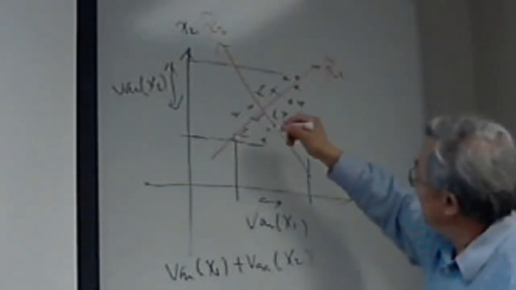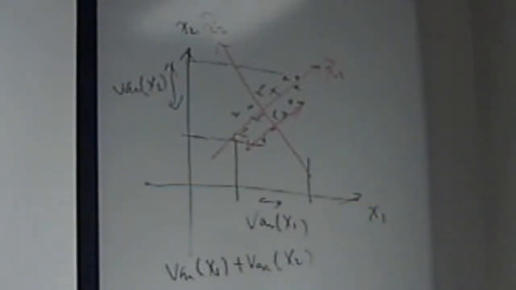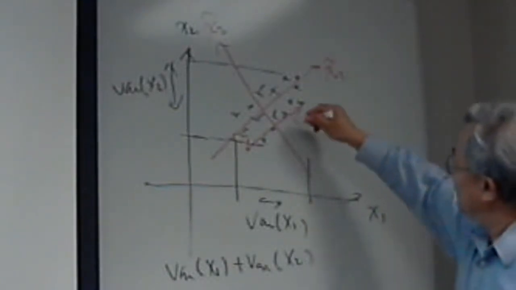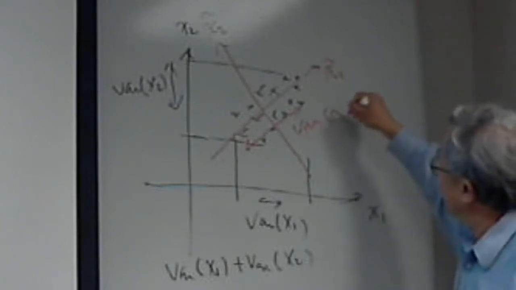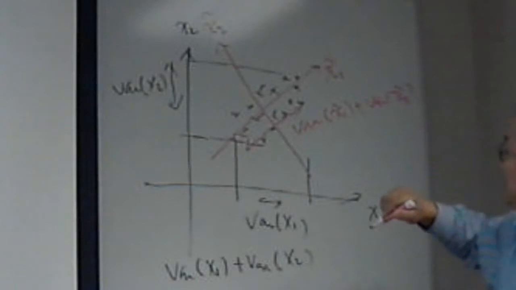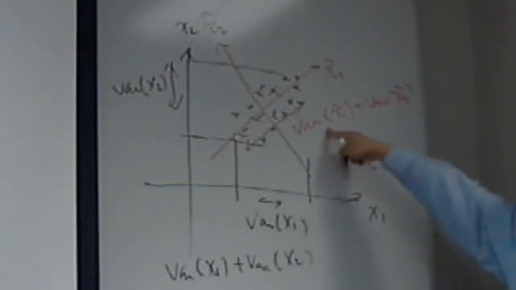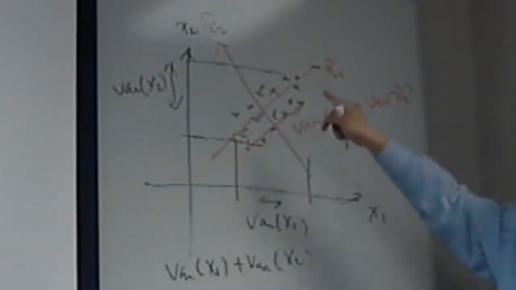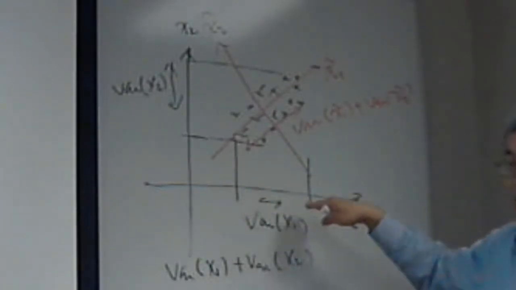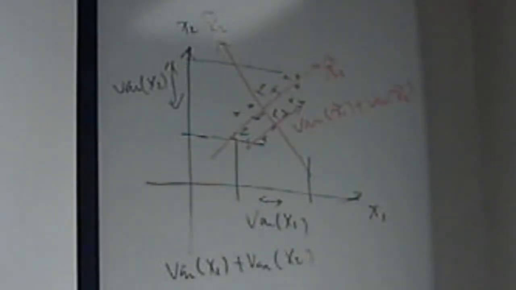You can see that this direction accounts for the major part of the total variance, which is the variance of x1 tilde plus the variance of x2 tilde. Most likely this will account for about 60, 70, or maybe 80% of the total variance, rather than just looking at the original direction. This is called the first principal component.